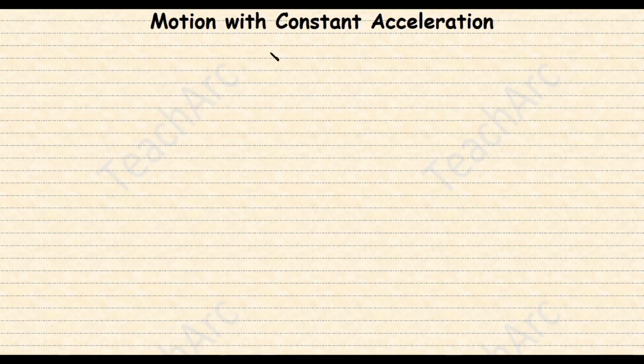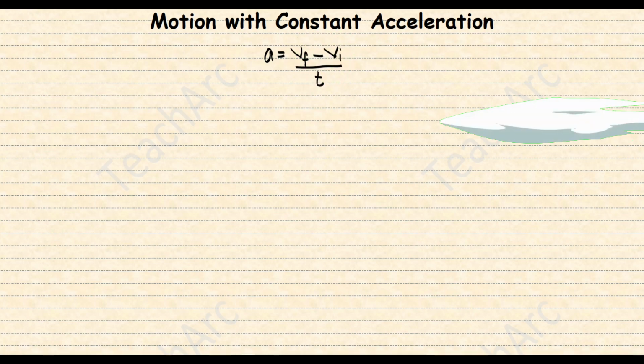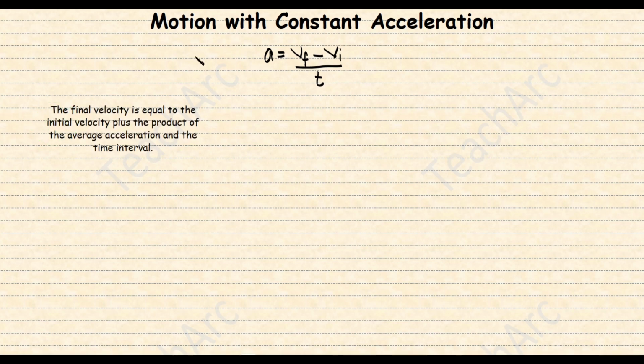Since our formula for average acceleration is equal to the final velocity minus the initial velocity over the total time, we can actually find the final velocity by adding the initial velocity and the product of the average acceleration and time, if acceleration is given.